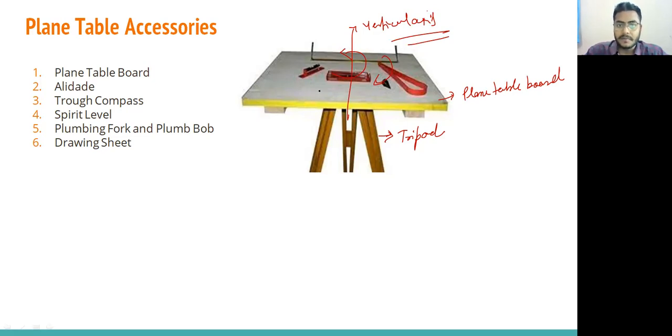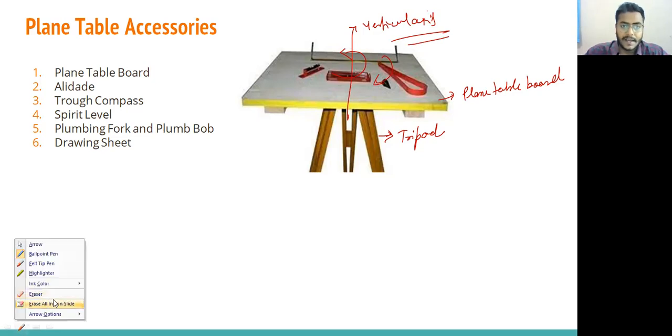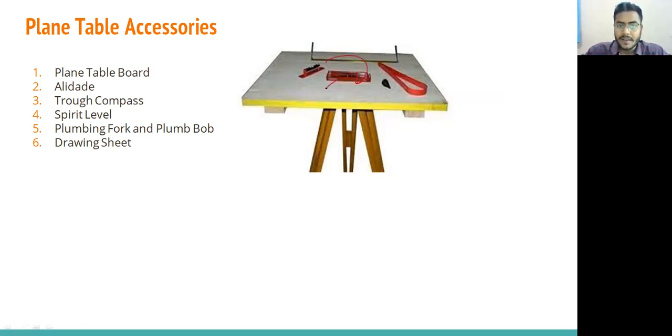We can rotate by an angle, and then we can clamp. When we fix the plane table with the tripod, there is a screw, and by using the screw we can clamp the plane table in a particular direction.